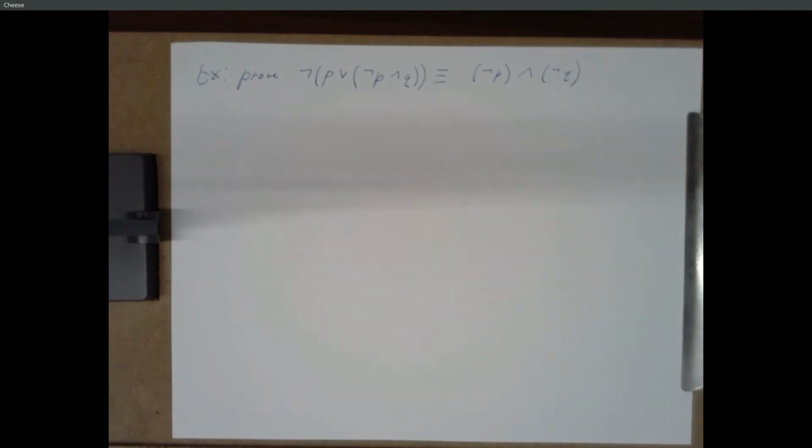Now, we already said we can do this with a truth table, but I want to do this without using a truth table. We only have 2 variables. A truth table would only have 4 rows. But if we had 10 variables, our truth table would have 1,024 rows, and that's a lot of work. And sometimes it's easier to use these identities to prove things by modifying these expressions into equivalent things.